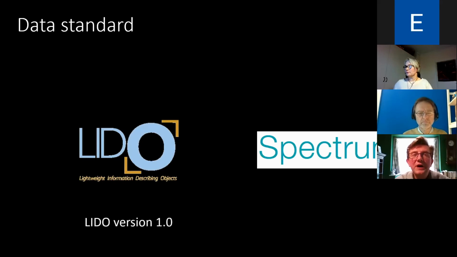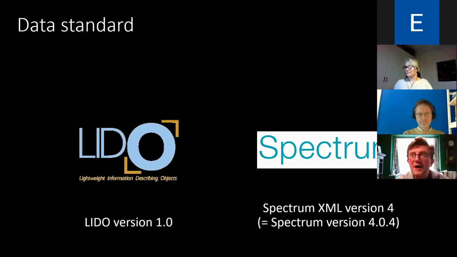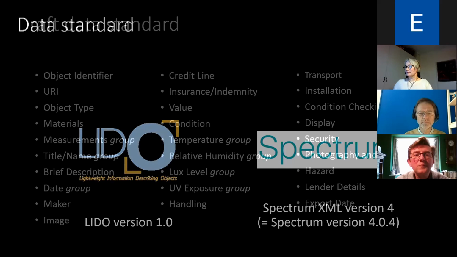So we reviewed our draft units of information against the current version of LIDO 1.0. This was in February this year. And with some help from Gordon McKenna, thank you, Gordon, what was then the most recent version of Spectrum XML, which was 4.0.